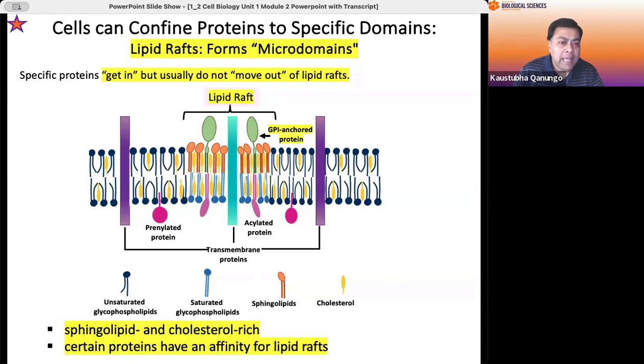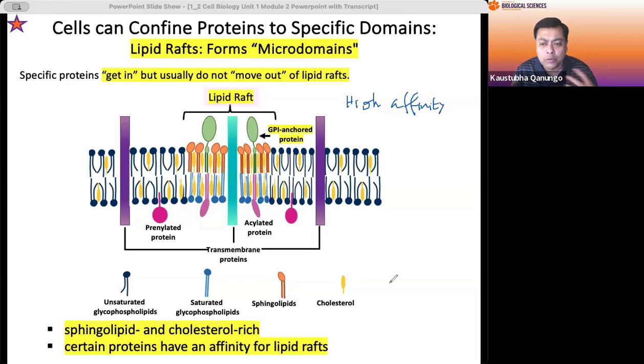The first thing to know is which proteins have a high affinity for the lipid rafts, that is your number one. High affinity for lipid raft, so when they are formed, they are sent onto the membrane. Remember that all these membrane proteins, which we are going to learn in the next chapter, are formed in the endoplasmic reticulum, modified in the Golgi, loaded onto vesicles, and transported onto the membrane.